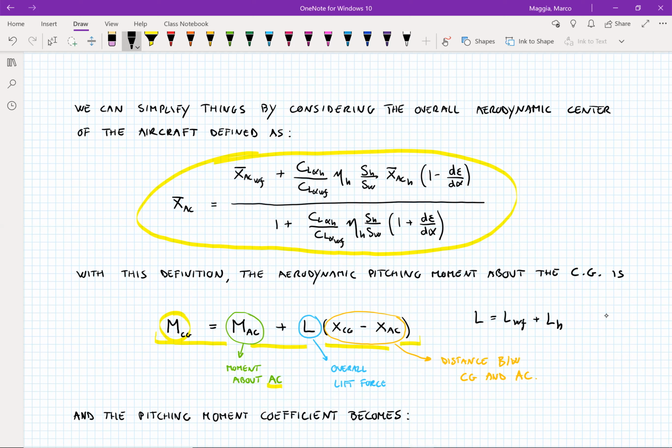Here, of course, there's no vector sign, so we're talking about magnitudes, and times the distance between the center of gravity and the aerodynamic center.